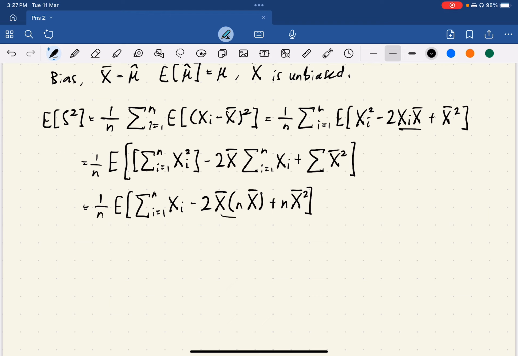So now we know that these two multiply, so we have the same expression, except that this one is multiplied by 2. So we can just take this, simplify, and get this expression.